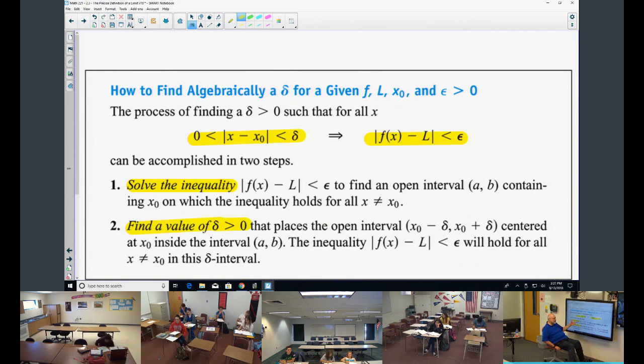Now, there are a couple of little tricks that I want to show you with the algebra here, in case it's not obvious what to do, or it doesn't look like it matches. But usually it'll work out.